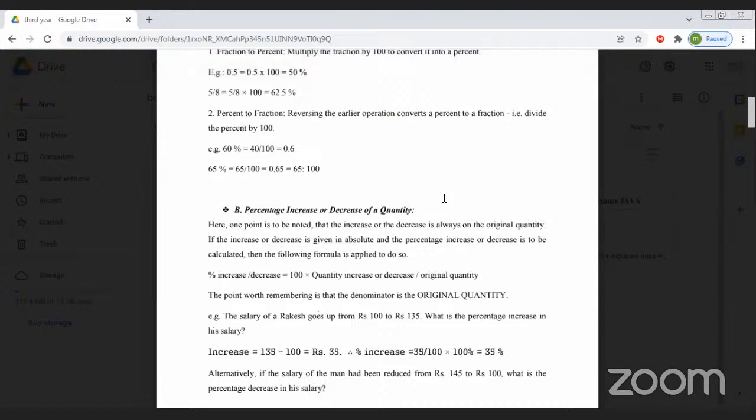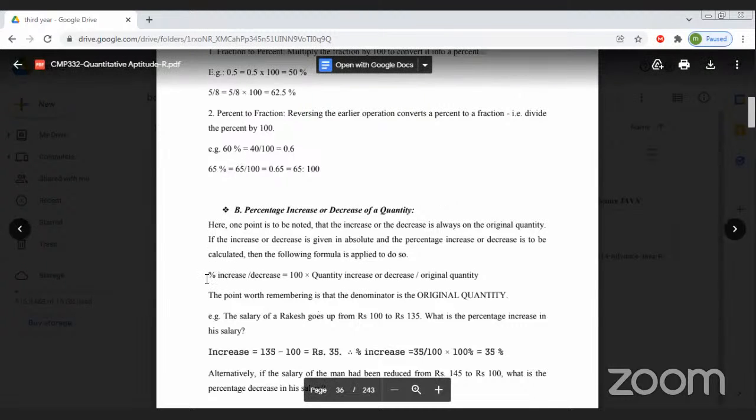See, the first part was fraction to percent. That is, you need to multiply it by 100. And from percent to fraction, you need to divide it by 100. A percentage increase or decrease has a formula: 100 into quantity increase or decrease upon the original quantity.